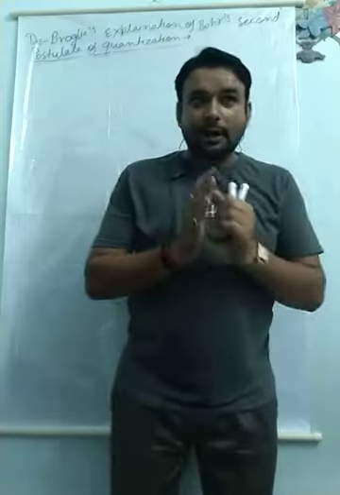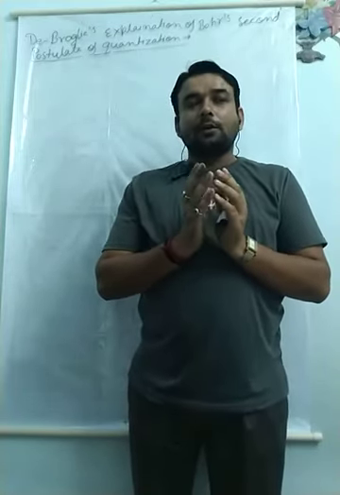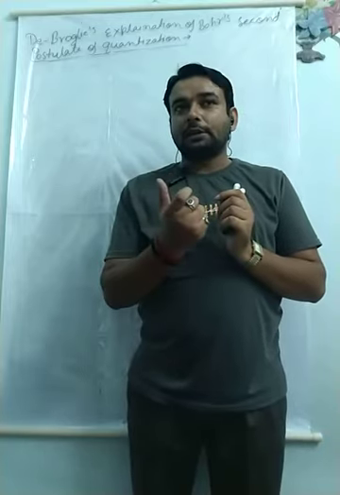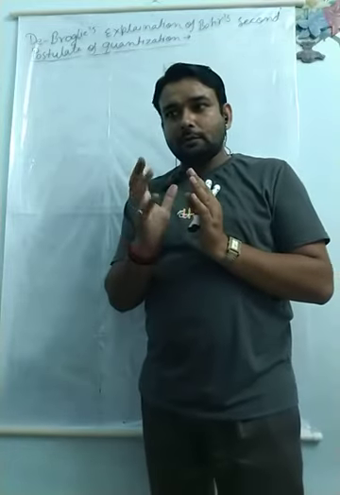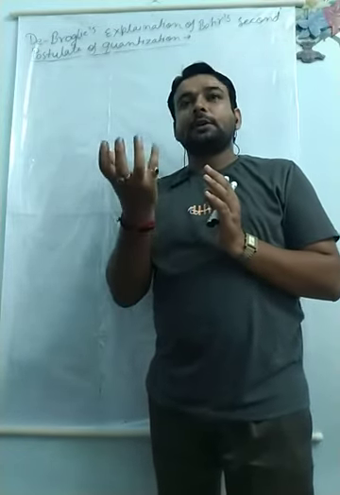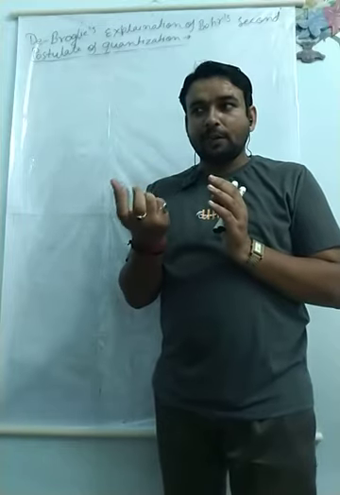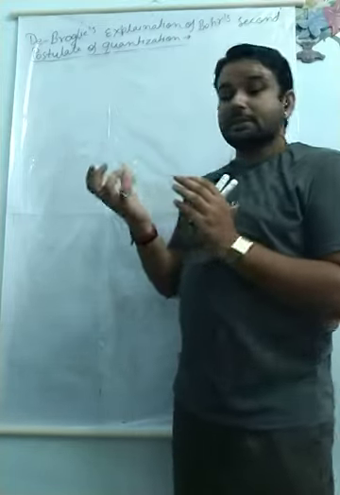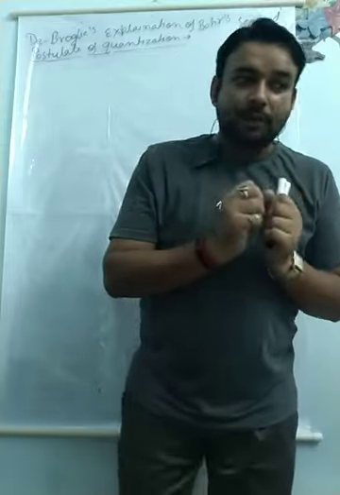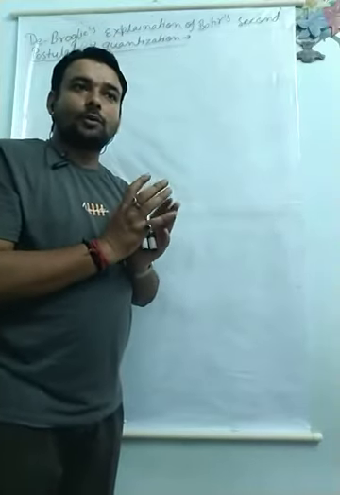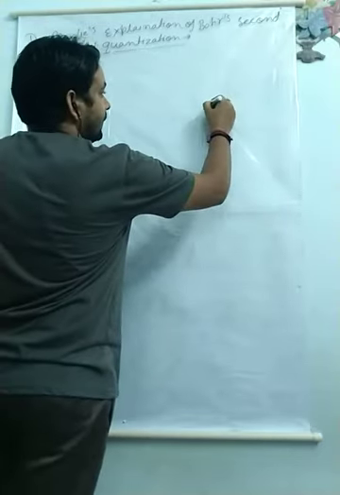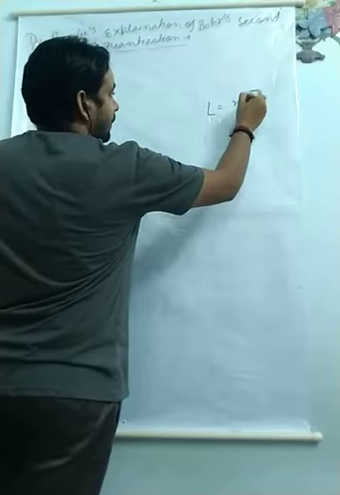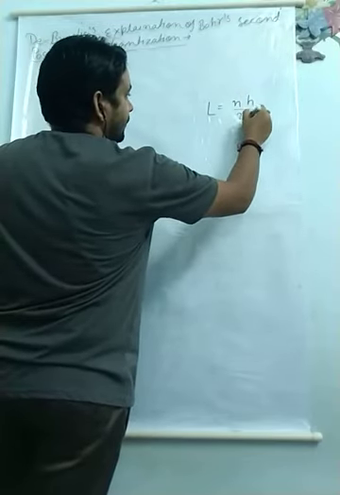The question asked of Bohr was why the electron is found only in such orbits in which the angular momentum is equal to nh upon 2 pi.